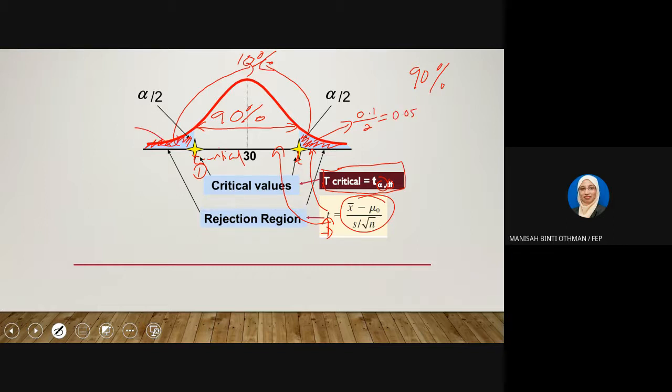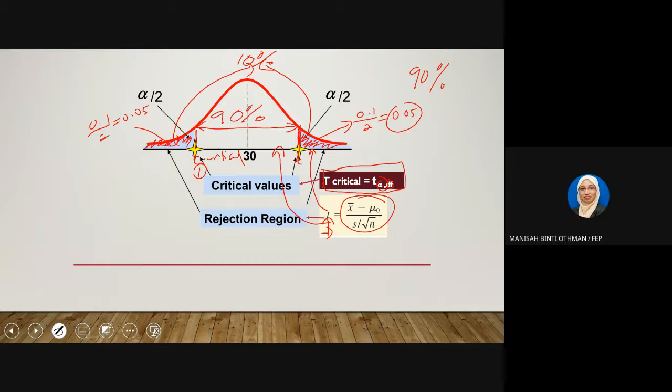So this value will determine the border line, which area you reject and which area you don't reject.